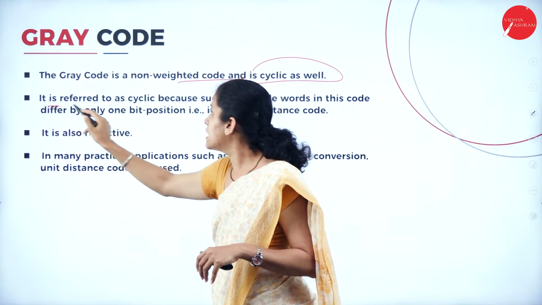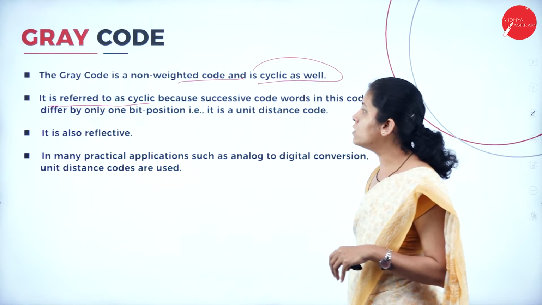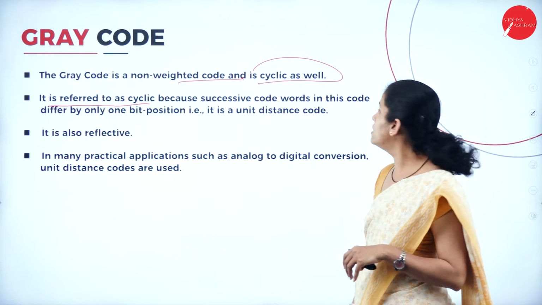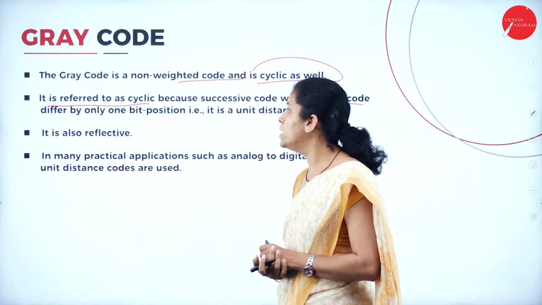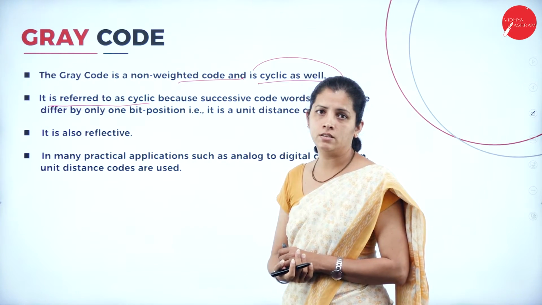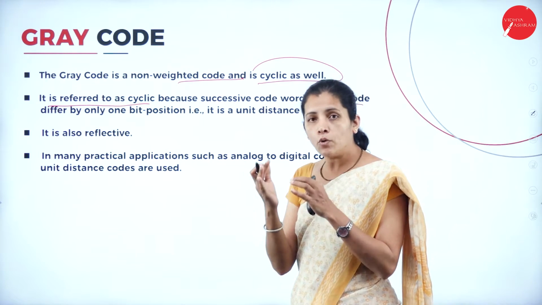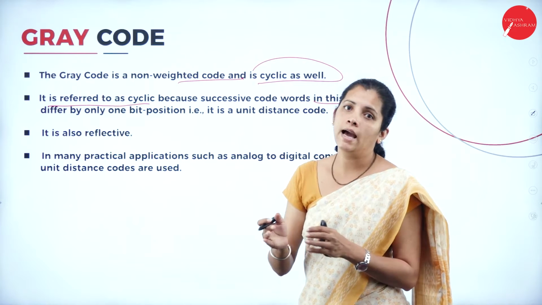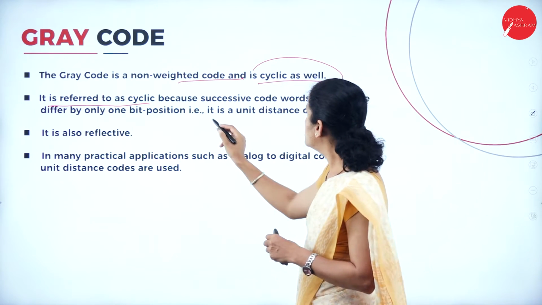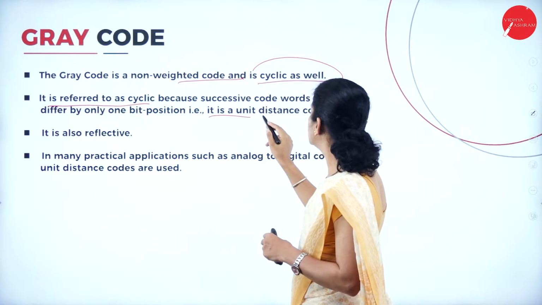And it is referred to as cyclic because the successive code words in this code differ in only one bit position. It is cyclic means I'm going to consider each successive bit for each calculation. So it is a unit distance code.